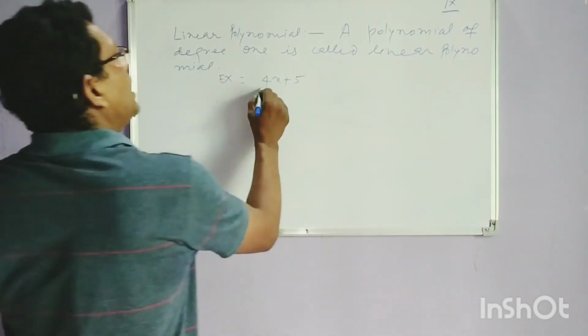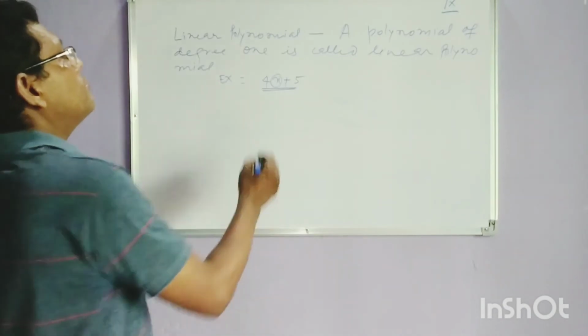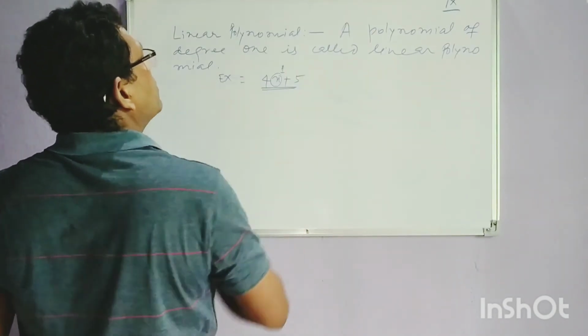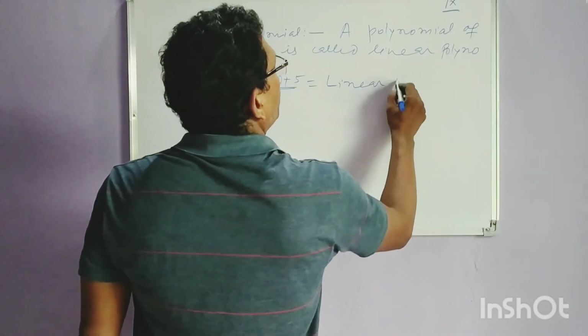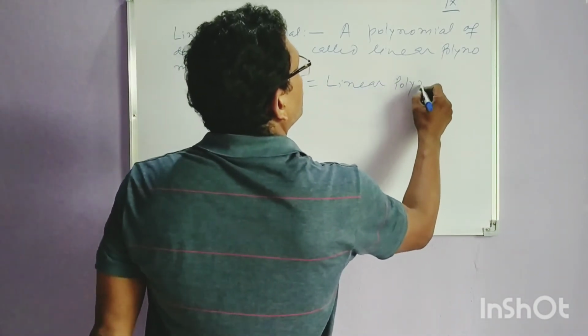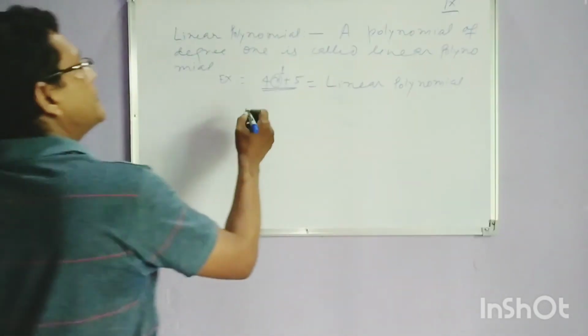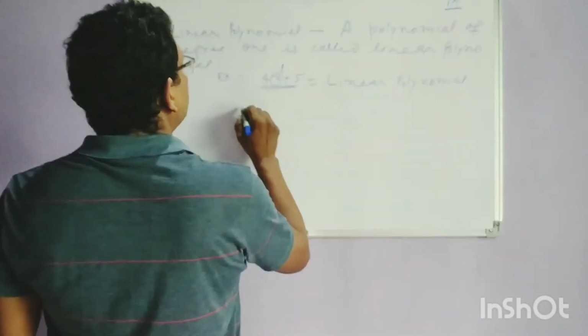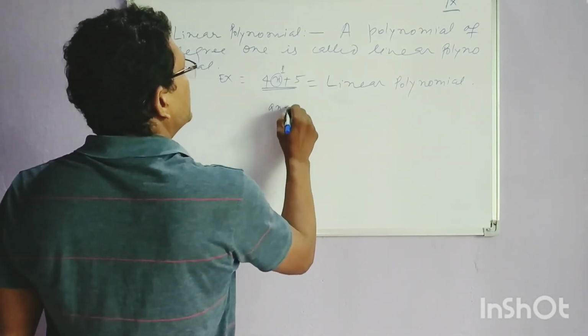In this polynomial we have variable x and its highest power is 1. So it is called linear polynomial. It is expressed in general form like this: ax plus b.